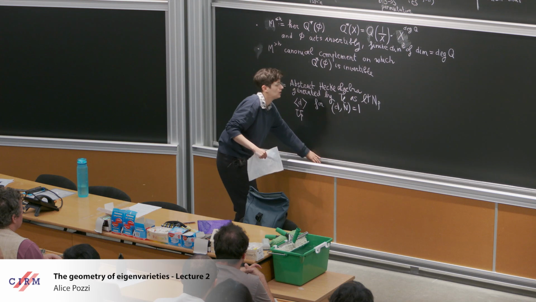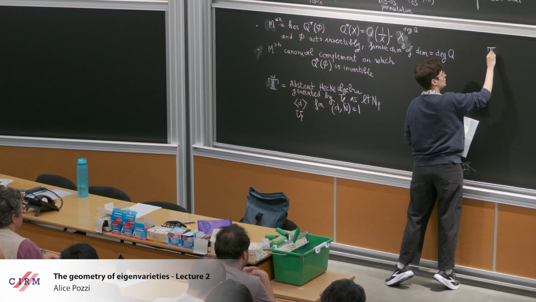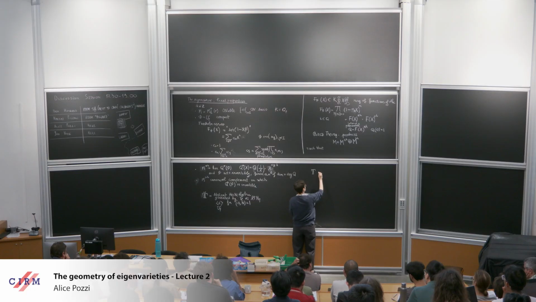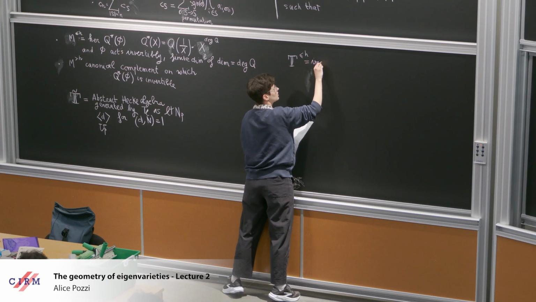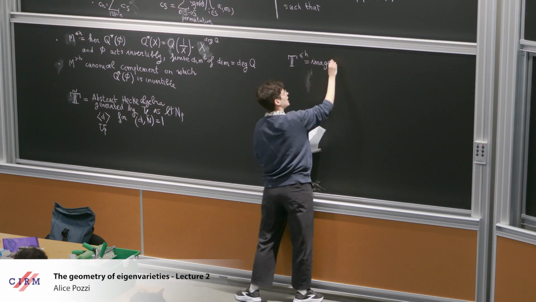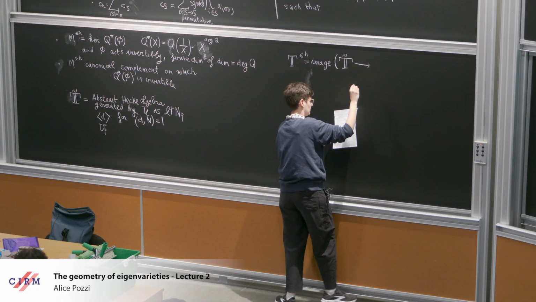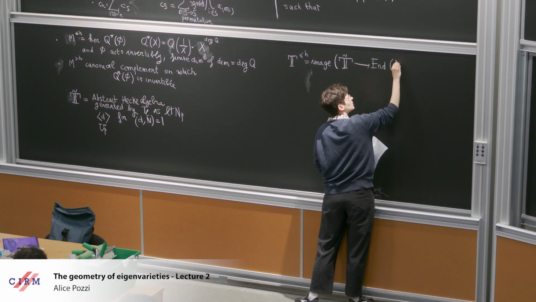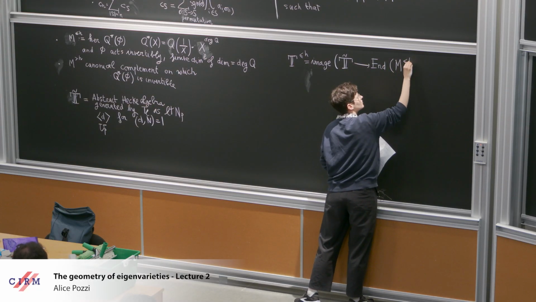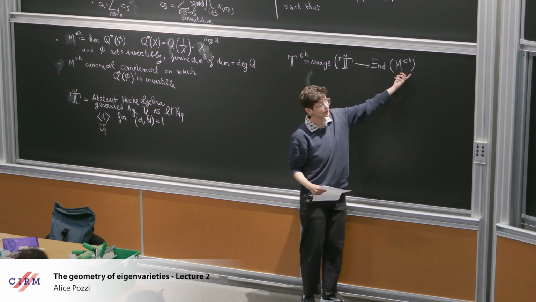I've now broken down the space, and I'm going to denote as T less than h the image of this abstract Hecke algebra inside this finite dimensional space.